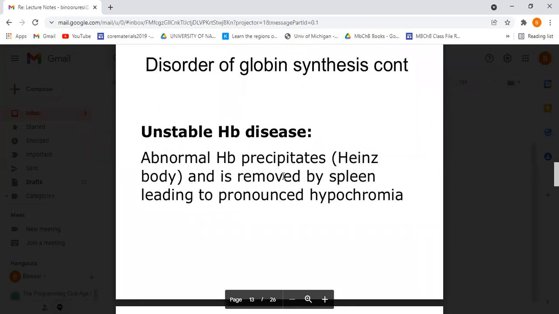When that happens, what comes out in the blood system is reduced hemoglobin, hemoglobin that lacks the globin chain. So you'll have, of course, microcytic hypochromic anemias. Next slide.